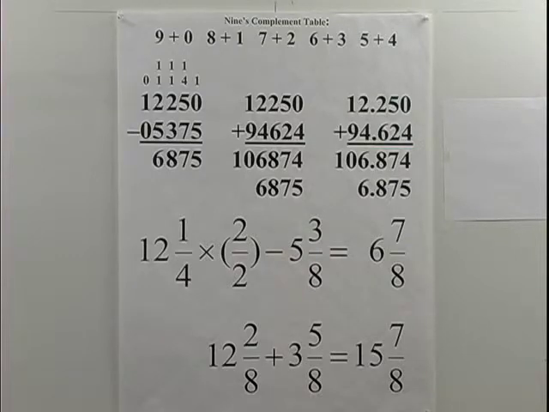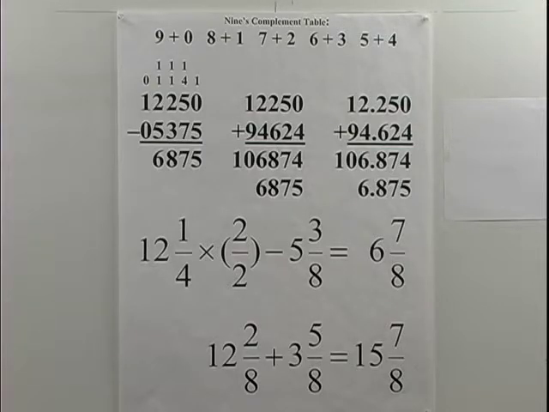So I'm going to proceed to add it to the minuend. 2/8 is another way of writing 1 over 4. So now I can proceed to add. 12 and 3 is 15. 2 and 5 is 7, so I get 15 7/8.